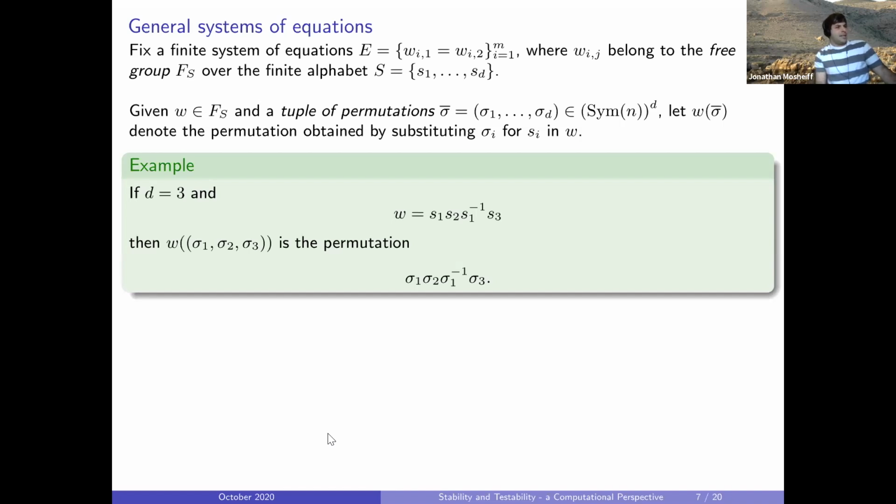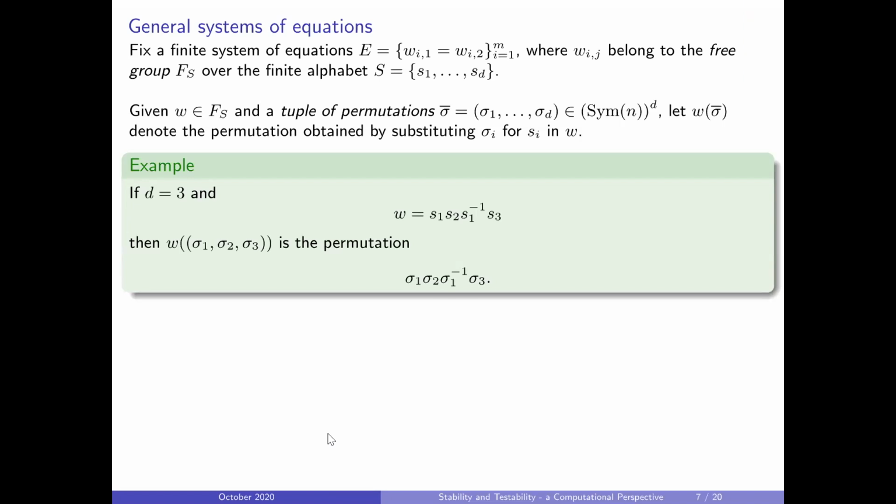We do that exactly as expected, by substituting each permutation sigma i in a tuple of d permutations for the letter si from the alphabet. You can see an example here of how we take a given word and substitute a permutation naturally for the letters in this word, and we get some resulting permutation.